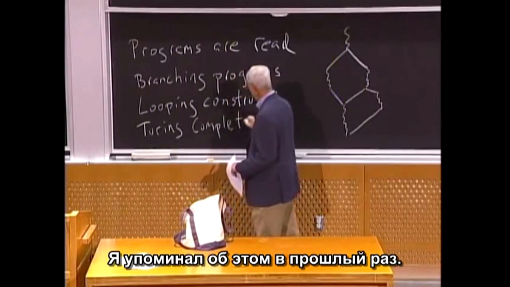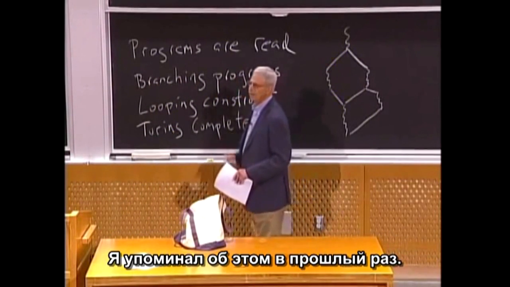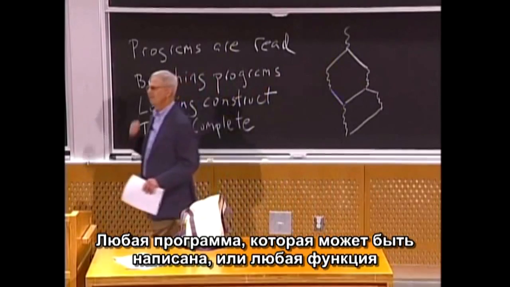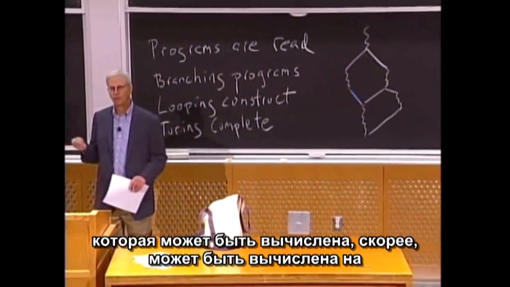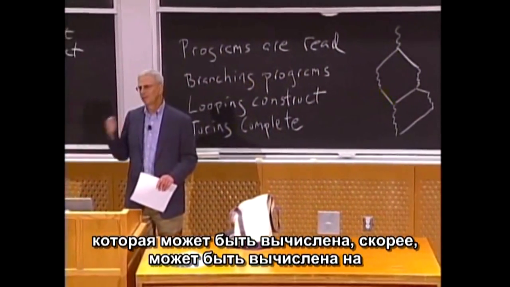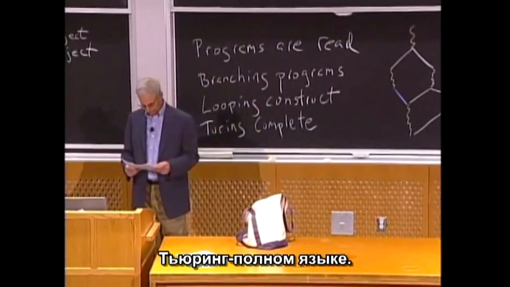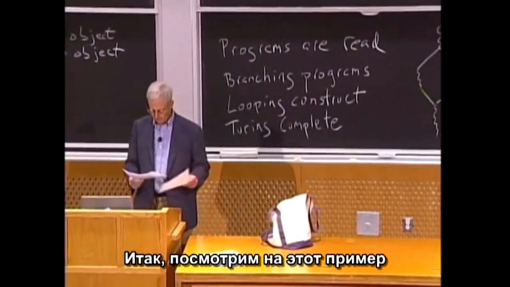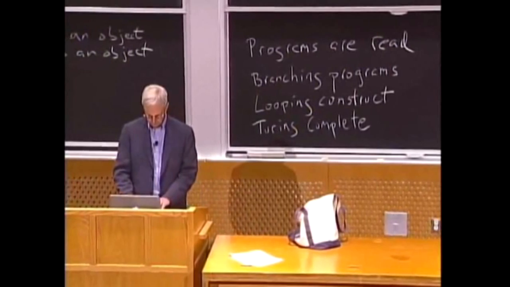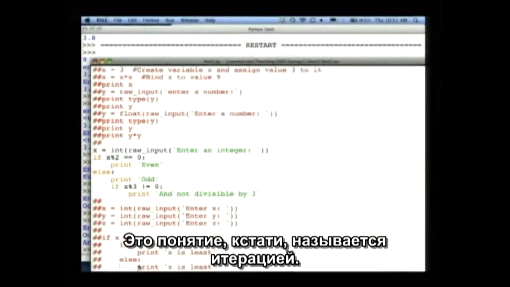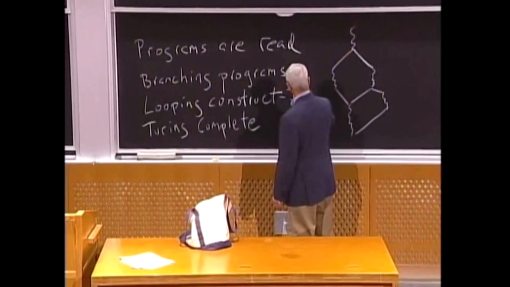And I mentioned this last time. Any program that can be written, or any function that can be computed, rather, can be computed in a Turing complete language. So let's look at an example here. This concept, by the way, is called iteration.